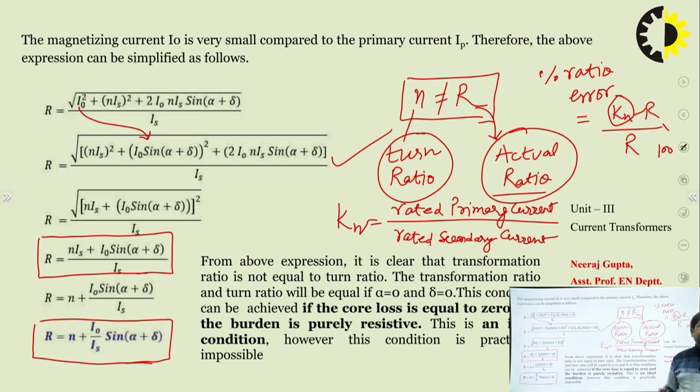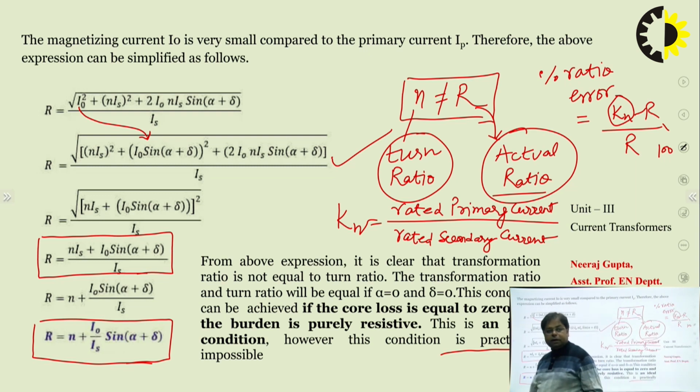It generally doesn't happen in practical scenarios, because loads are generally inductive or capacitive in nature, having some reactance as well. They are not completely resistive all the time, and a completely resistive load is not possible in industrial applications. So this is a practically impossible situation.